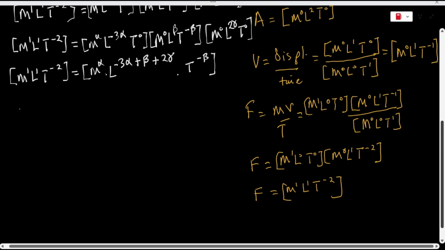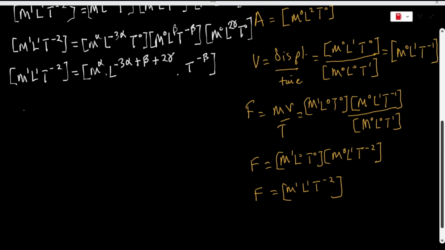Now, from here, we're going to apply the principle of homogeneity of dimensions and compare the components on either side of the equation sign. And so applying the principle of homogeneity of dimensions on the left side of the equation, it means that, which implies that alpha is equal to 1.